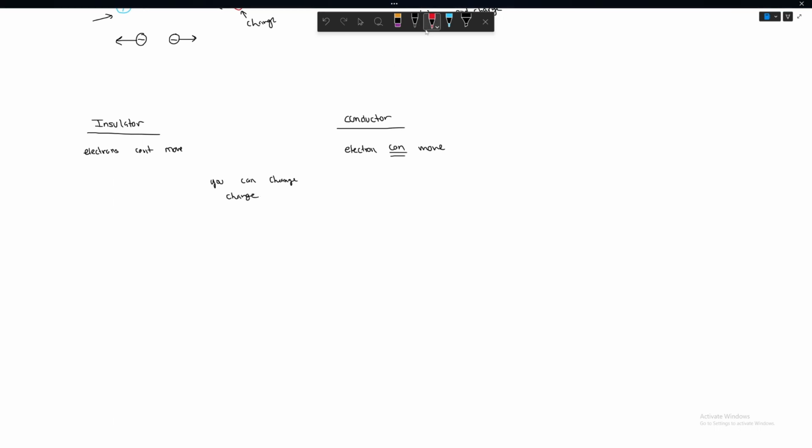And so the example for this is if I have a ball, and there's no specific reason why it's red, but if I have a ball right here or a circle, what it actually looks like is you have protons scattered. Let's assume this is an insulator. What it will actually look like, well, you'll have protons and you have little electrons around them. That's what it will actually look like.